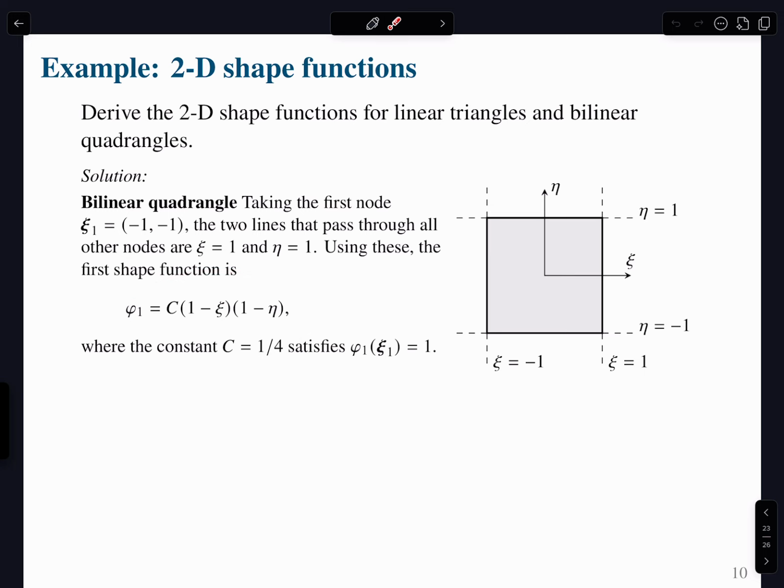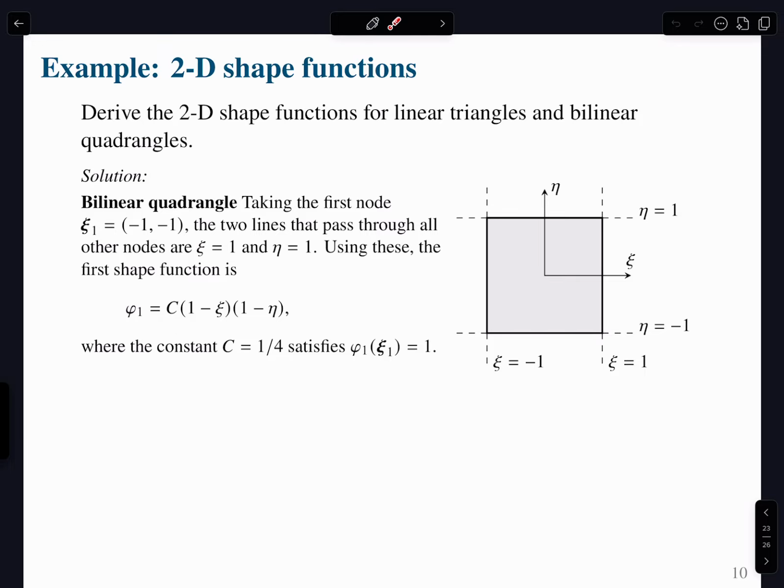But there is a little caveat here, because if I don't do anything, so let's say this c is not there, when I am at this point, what is the value of that function? 1 minus xi and 1 minus eta? 4. It is equal to 4. And so now I understand that c has to be 1/4 if I want to force the shape function to be equal to 1 at that point, right? And this is what this sentence here is saying. So with the constant c equals 1/4, I satisfy that phi1 at xi1 is equal to 1.